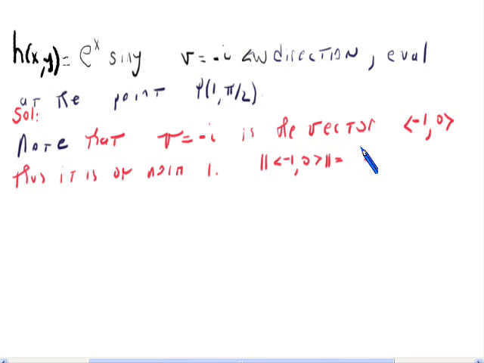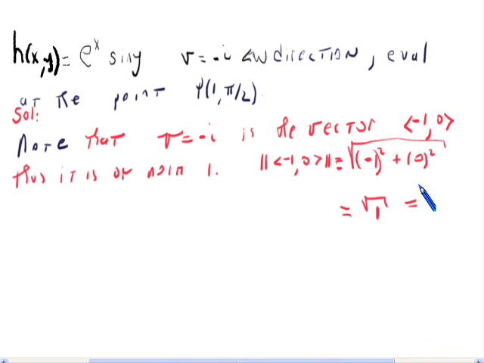This is just going to be the square root of negative 1 squared plus 0 squared, which is the square root of 1.